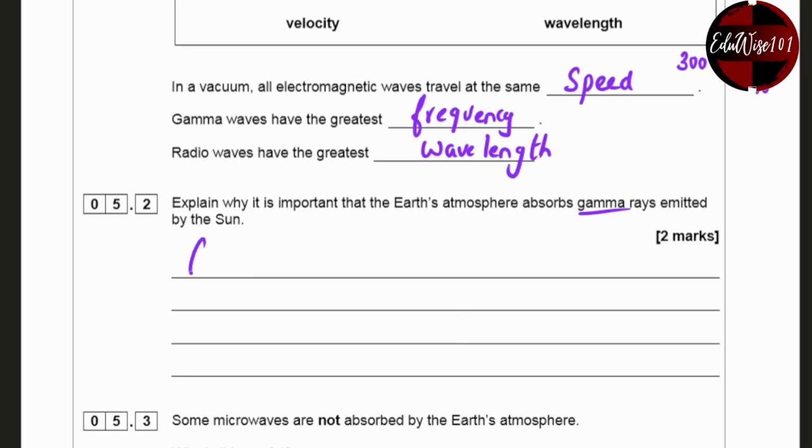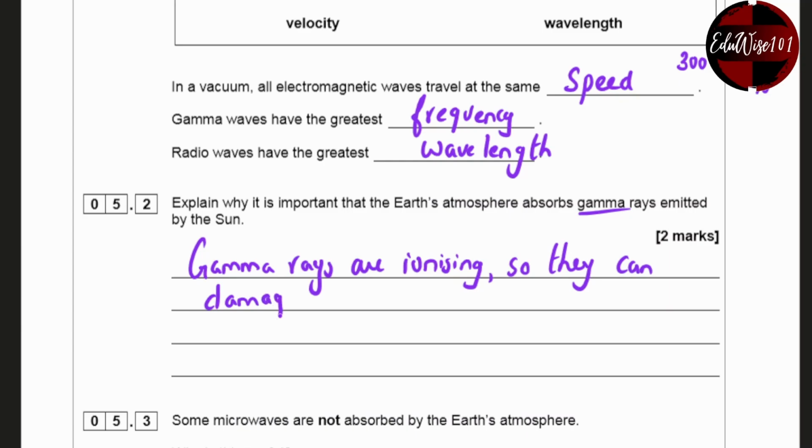So gamma rays are ionizing, so they can damage human tissue or skin and cause cancer.